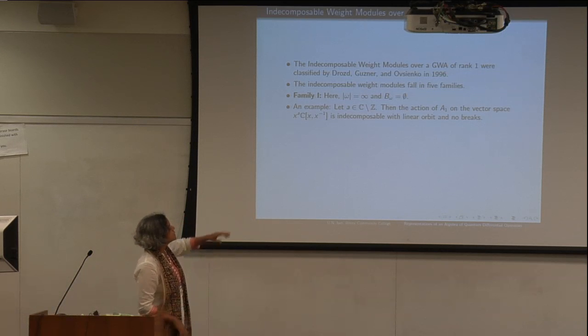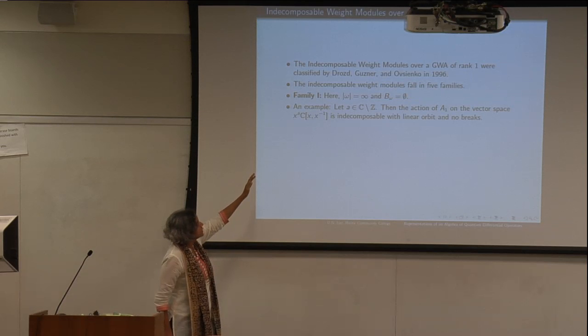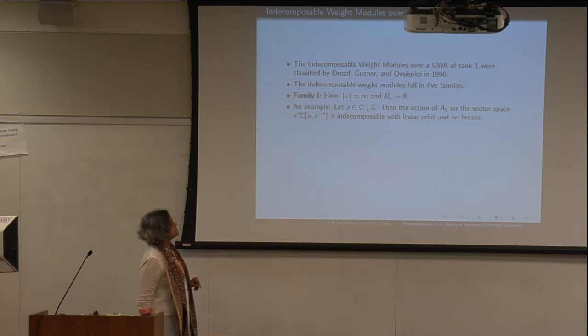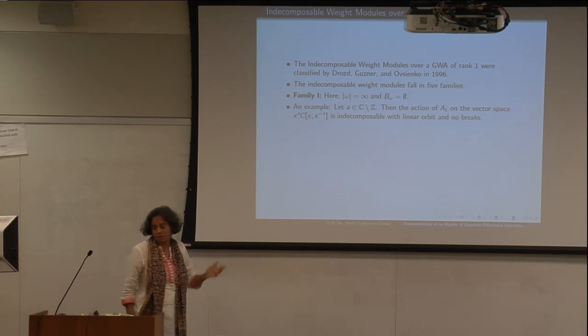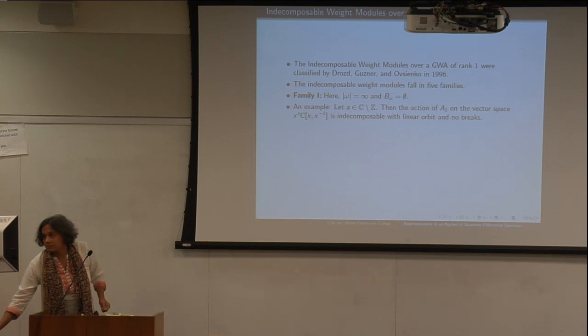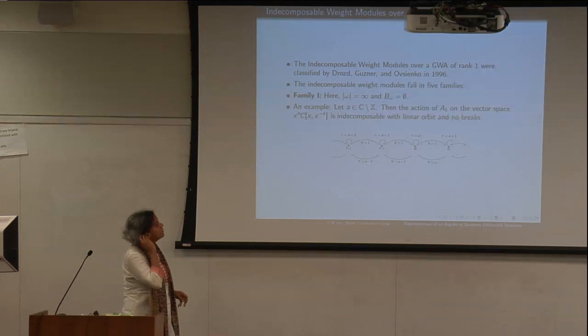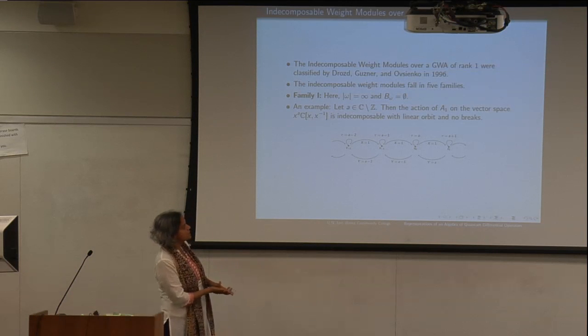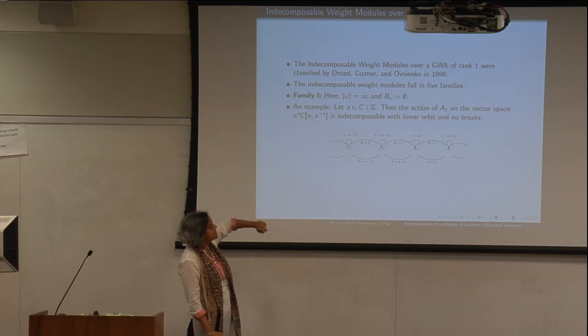An example of this is a telling example. Take a complex number a which is not an integer and consider, over the complex numbers, x raised to a times formal power series of x's, and this is how the Weyl algebra would act, because I'm allowed negative powers of x.